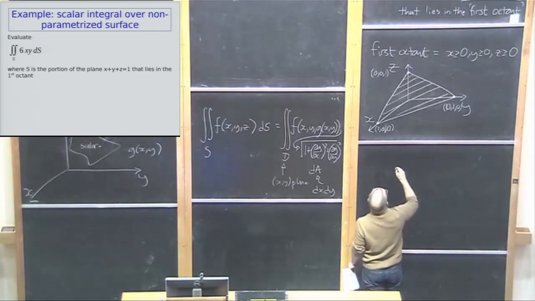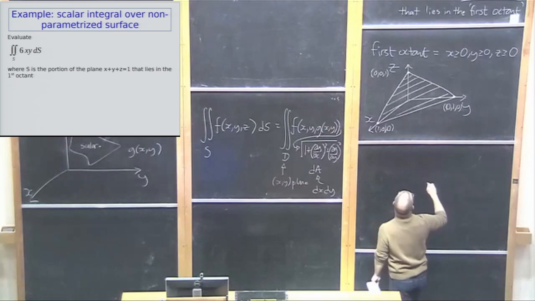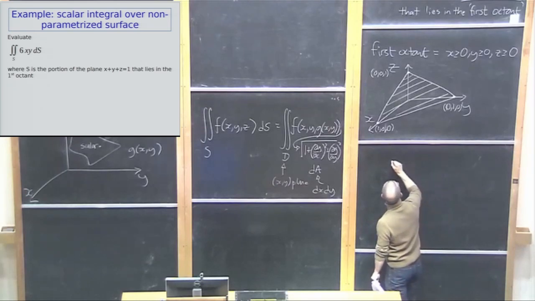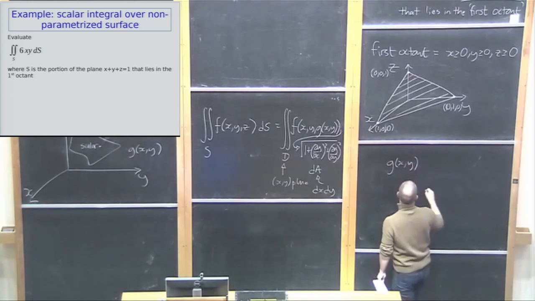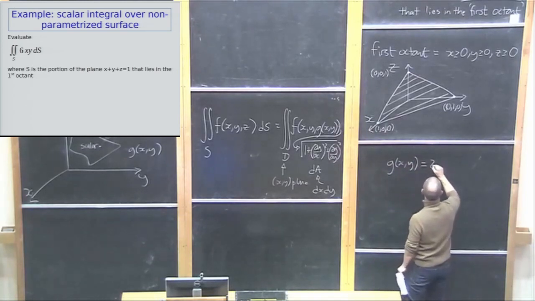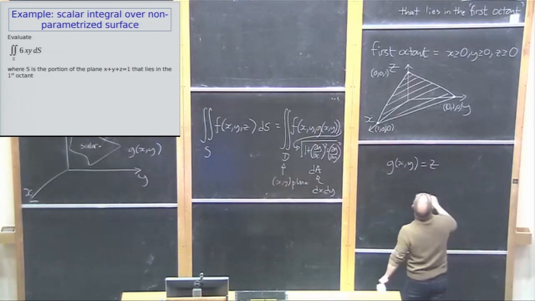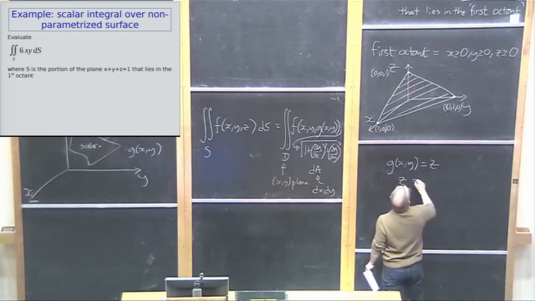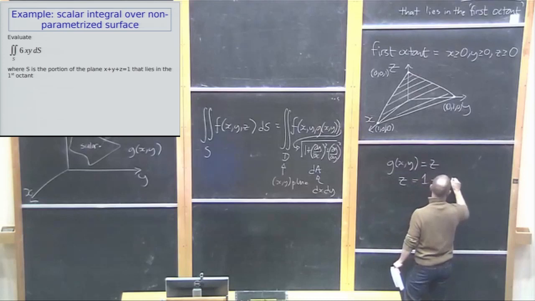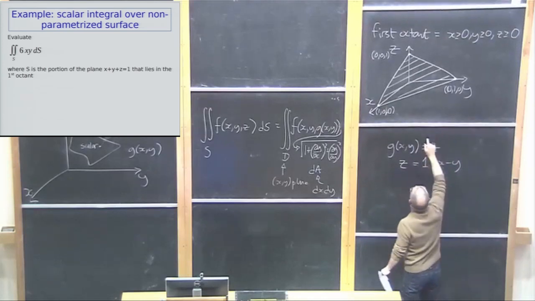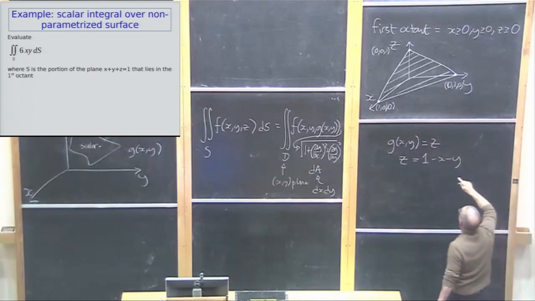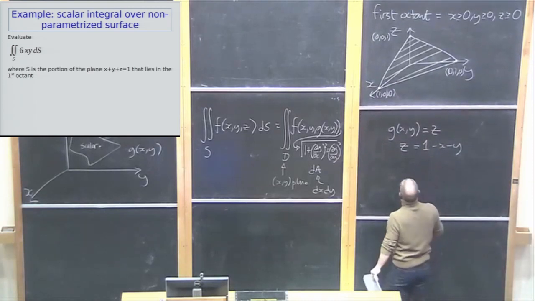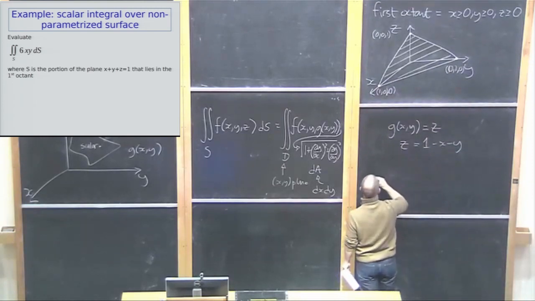Okay, so what we want to do then is work out, first of all, what is our function of x and y. So our function of x and y is z, and z equals 1 minus x minus y. So the function that we're going to be evaluating is 6xy, but we need our projection term.